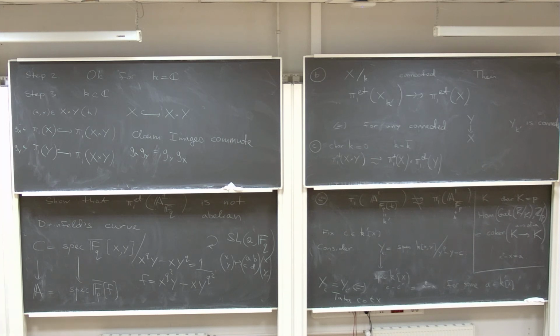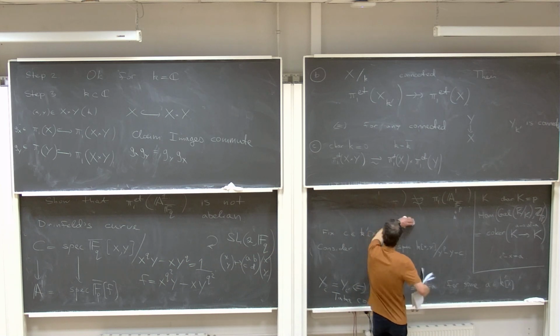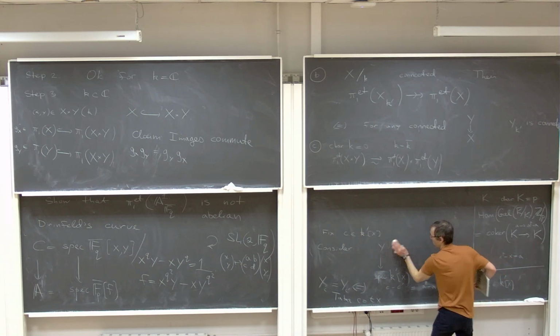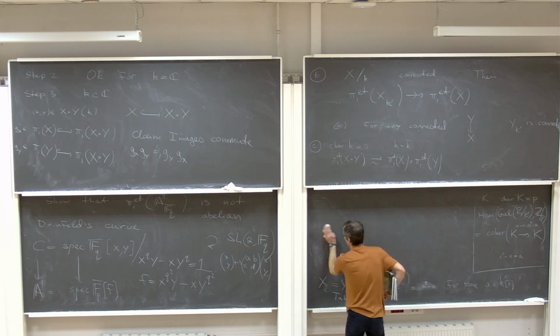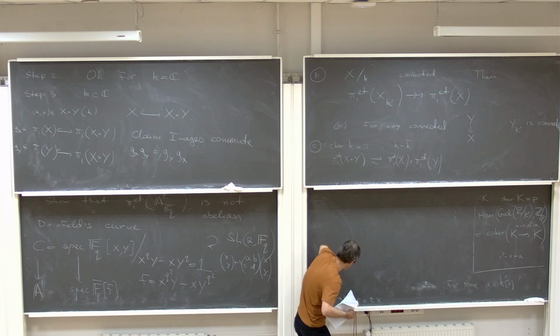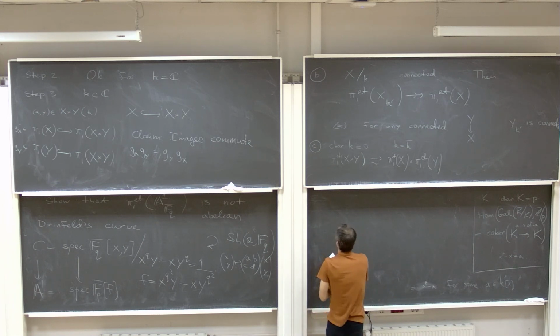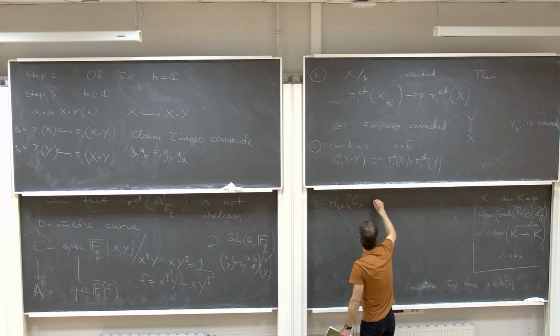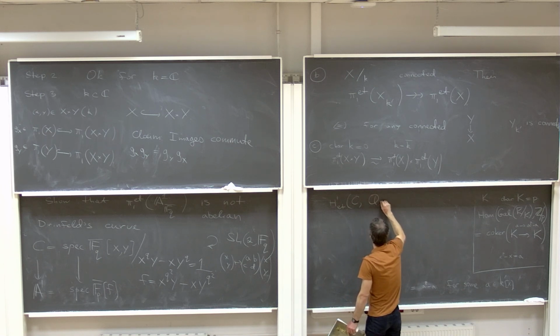Maybe the last thing that I want to say is why this curve is important. You have an algebraic variety with an action of this group, and then you can take what's called its first étale homology of C with coefficients in Q_l.